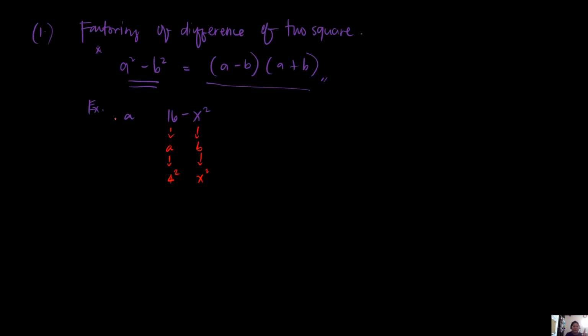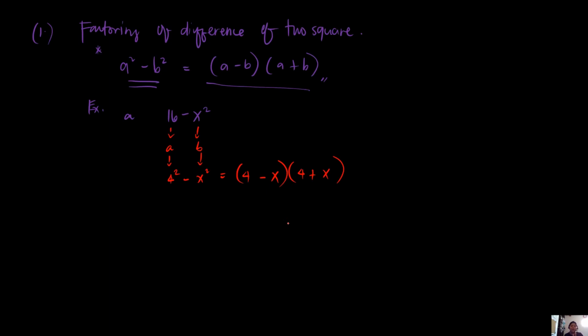Did you see the pattern? a squared minus b squared, which is 4 squared minus x squared. When we see that pattern, we can factor like this. Our a there is 4, our b is x. Then negative, positive.